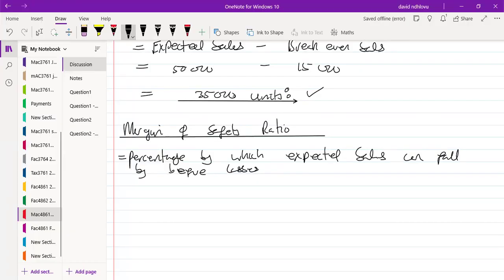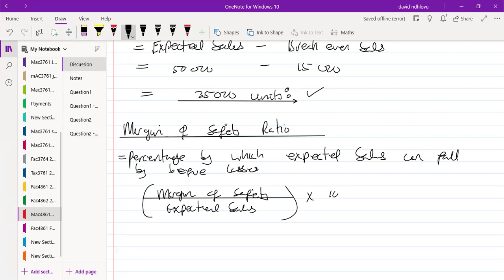So you calculate the margin of safety as indicated above, and then you divide that by the expected sales, all of that, then you multiply by 100 over 1. Then you get a percentage.